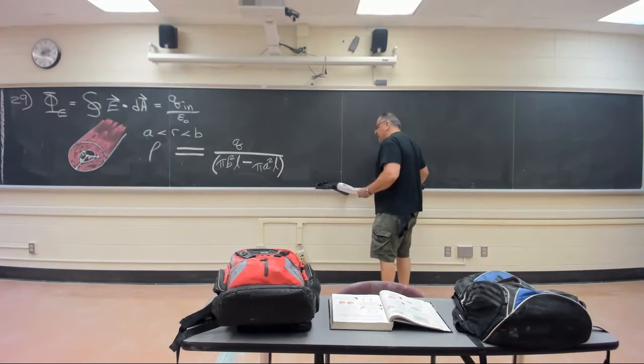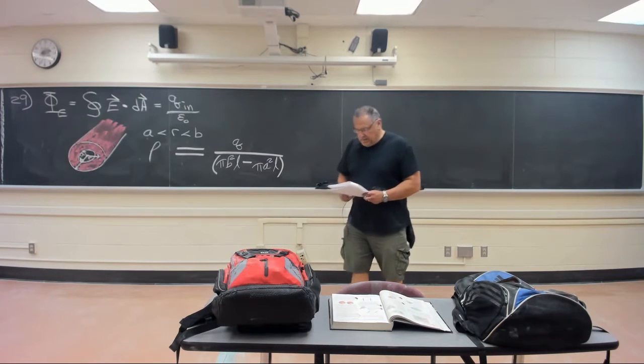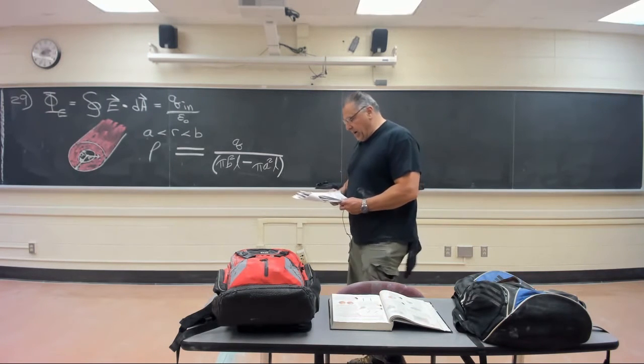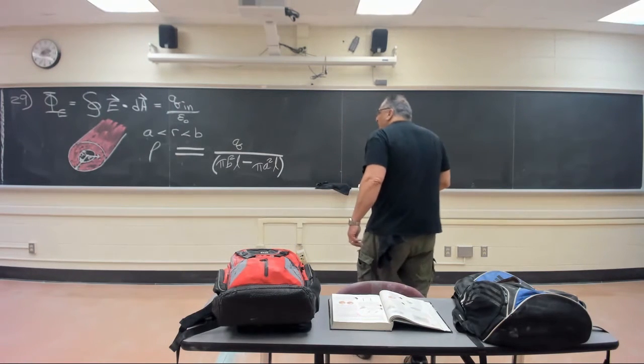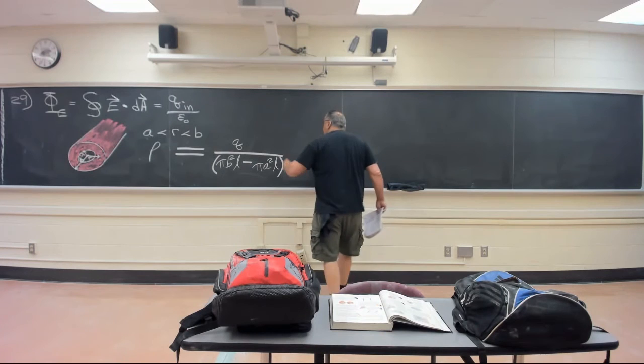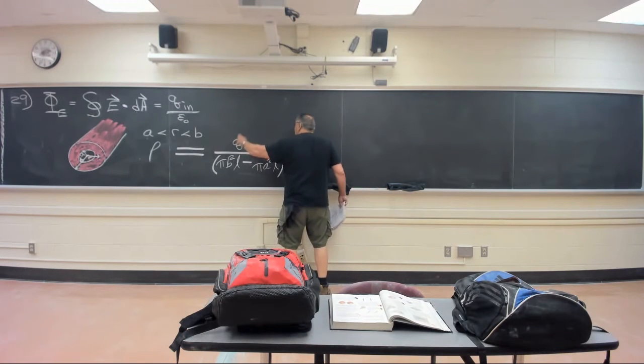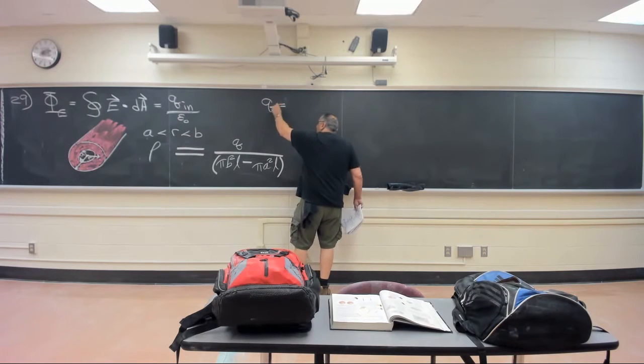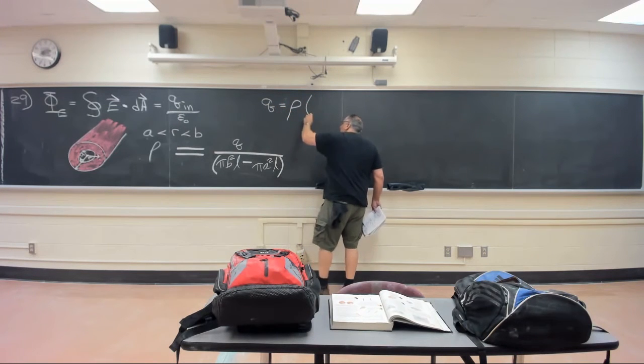So it's fine. It's the same thing I had earlier. We said a little bit more regarding this whole thing. What's Q equal to? Q would be equal to the Q inside, right? The Q inside is Q, and that would be equal to rho times the volume.